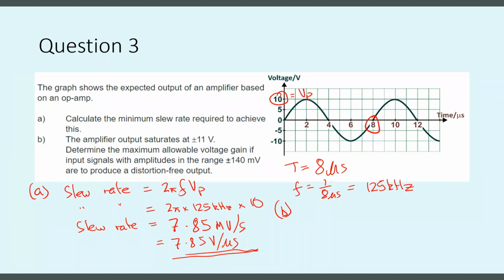Okay, part B. The amplifier saturates at plus or minus 11 volts. Determine the maximum allowable voltage gain if the input signal with amplitudes in the range plus or minus 140 millivolts are to produce a distortion-free output. So this again comes back to V out equals gain times V in.